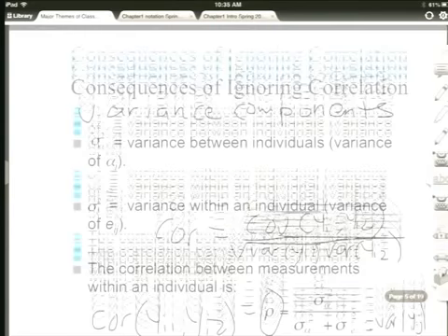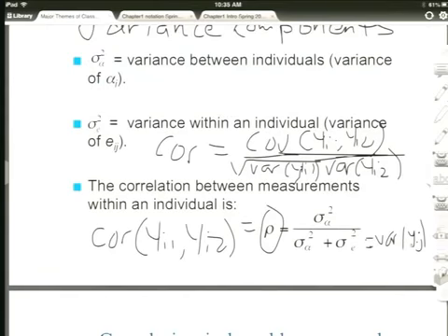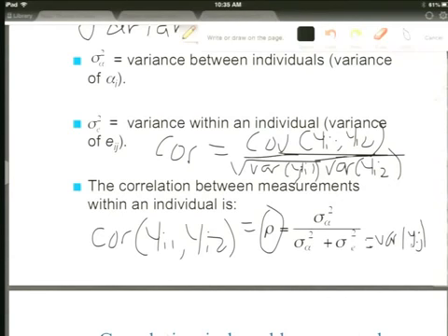I said this is the variance of e_ij. It's not obvious; I'm not saying you should have noticed. But if you look at this definition, I have the variance of the e_ij is just sigma squared e. That's telling you it doesn't matter what the individual is, they all have the same variance. Yeah, that's a model assumption embedded.